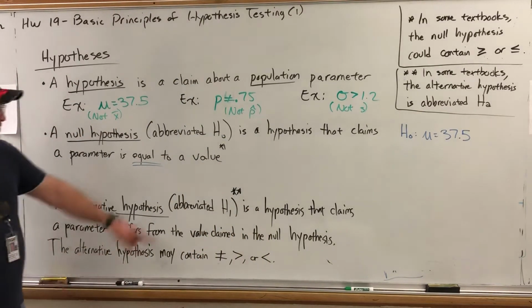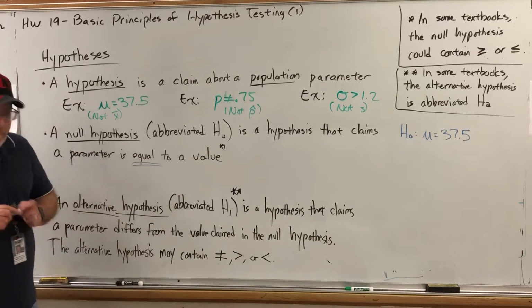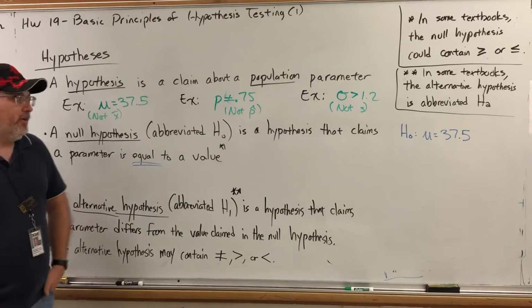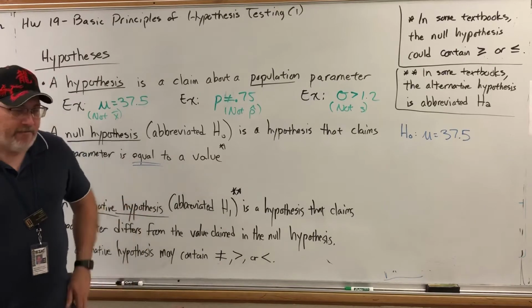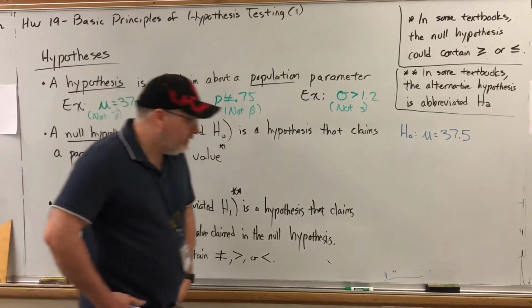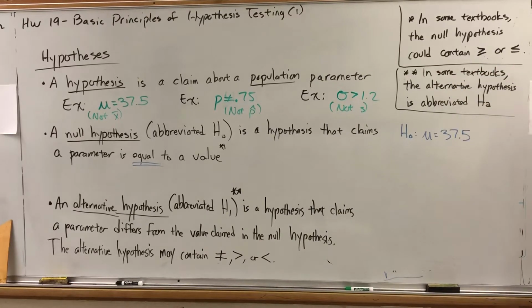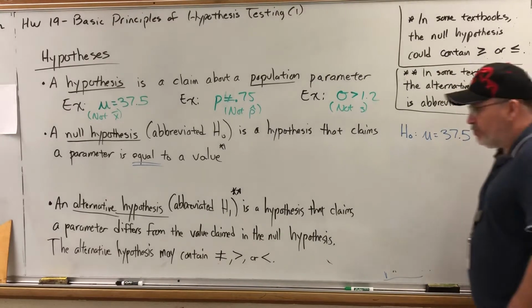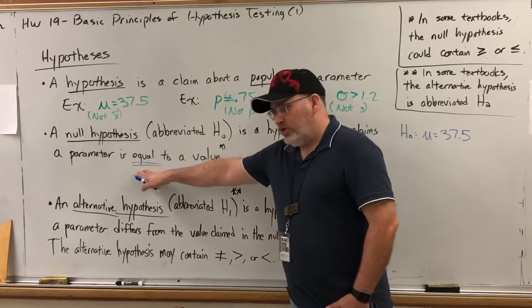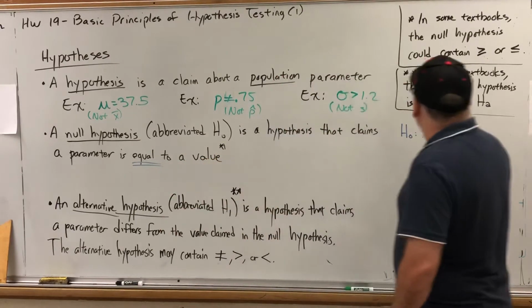Now you may have noticed there's an asterisk here. Full disclosure, especially if you plan on pursuing a degree that involves more statistics. In some textbooks, the definition of the null hypothesis doesn't restrict it to saying the parameter equals a value.